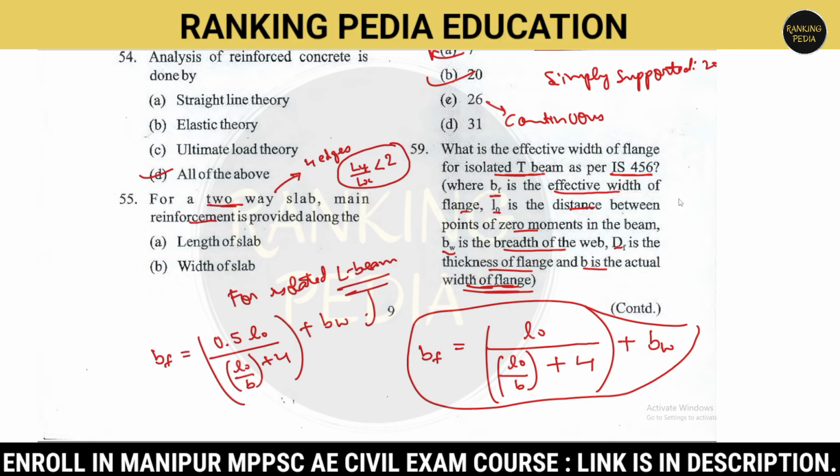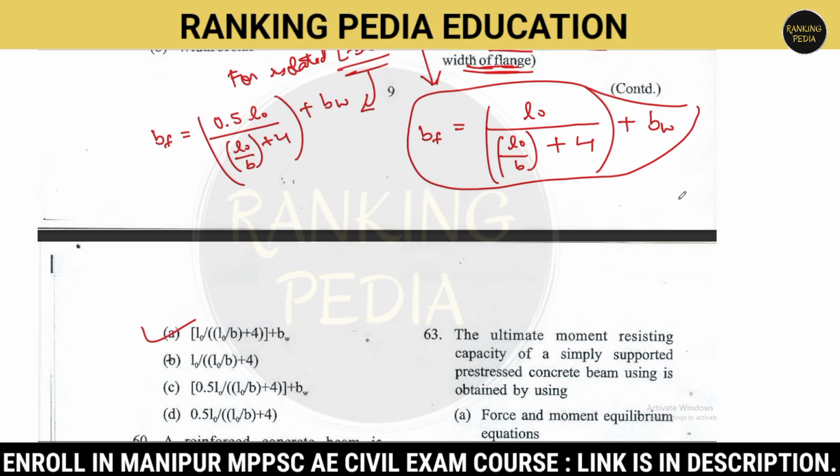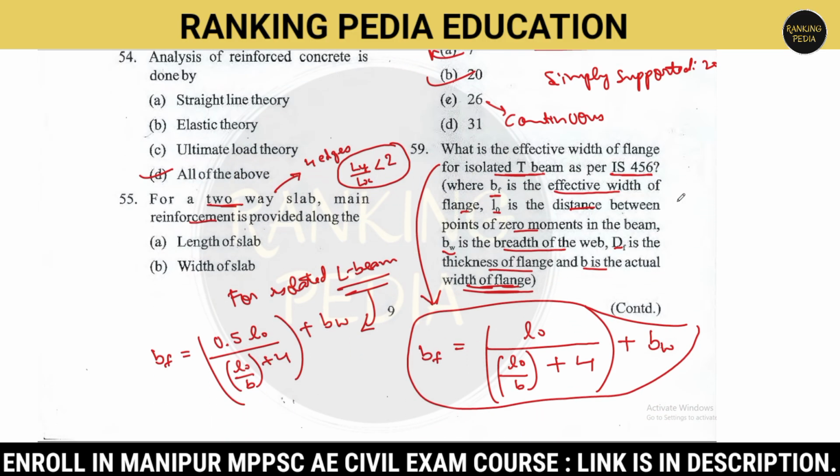So for an L-beam, this is the formula, and for a T-beam, that one is the formula. Now we will check the options. Which option is correct? Option A is correct for the 59th question, which is the effective width of flange for an isolated T-beam.